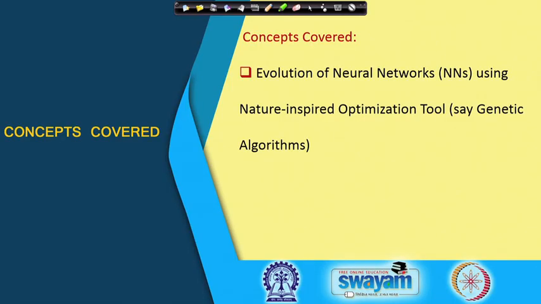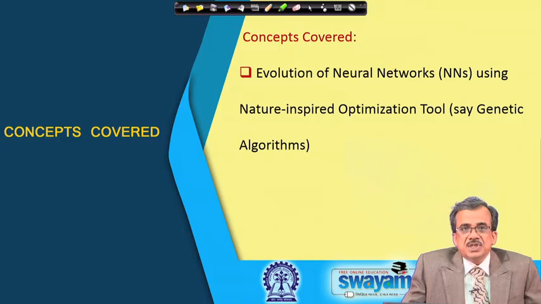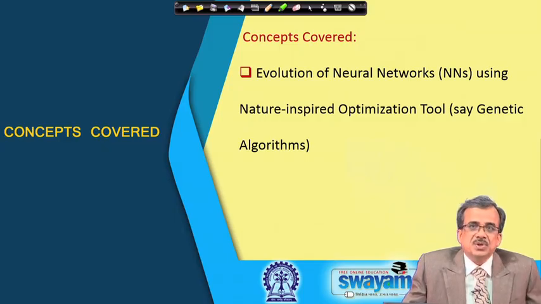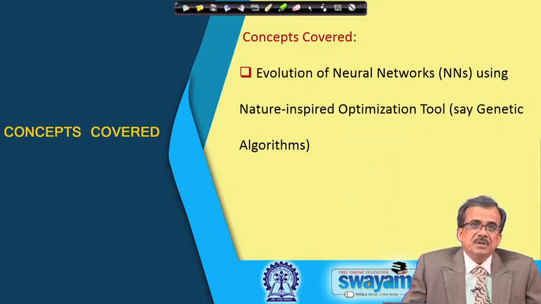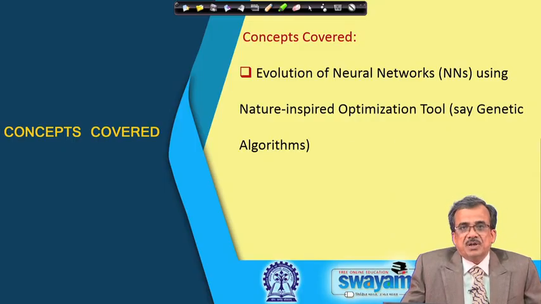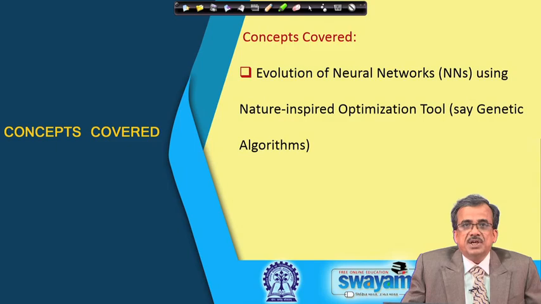So, the topic which I am going to discuss, let me repeat once again. We are going to discuss the principle of evolution of neural networks using a nature inspired optimization tool, say genetic algorithm, or in other words, we are going to optimize the performance of this particular neural network using one nature inspired optimization tool, say genetic algorithm.